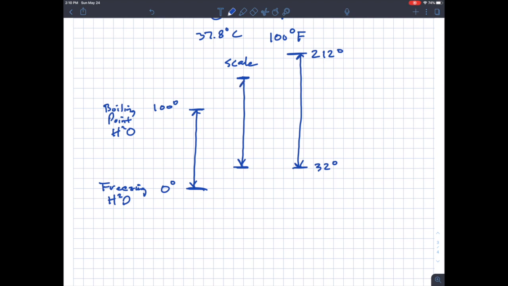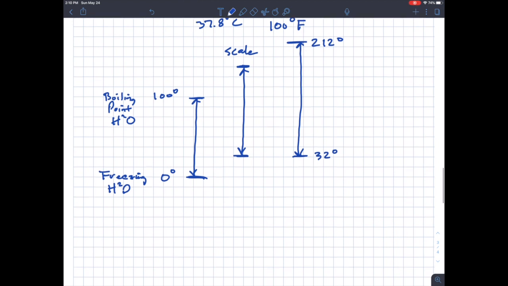So this is a scale factor between these two scales. On the Celsius side, this total distance of degrees would be 100, right? 100 minus 0 is 100. On the Fahrenheit side, this total distance would be 212 minus 32, and that would give you 180.